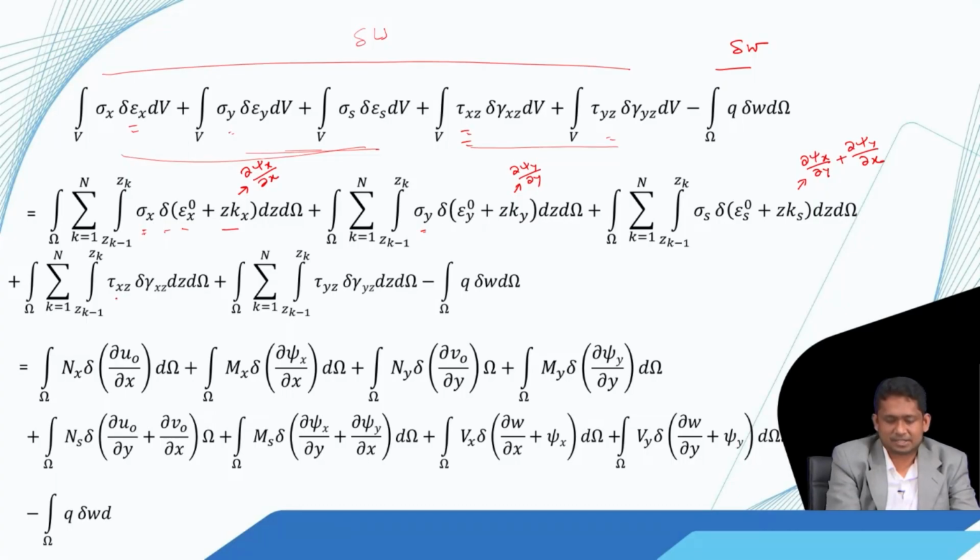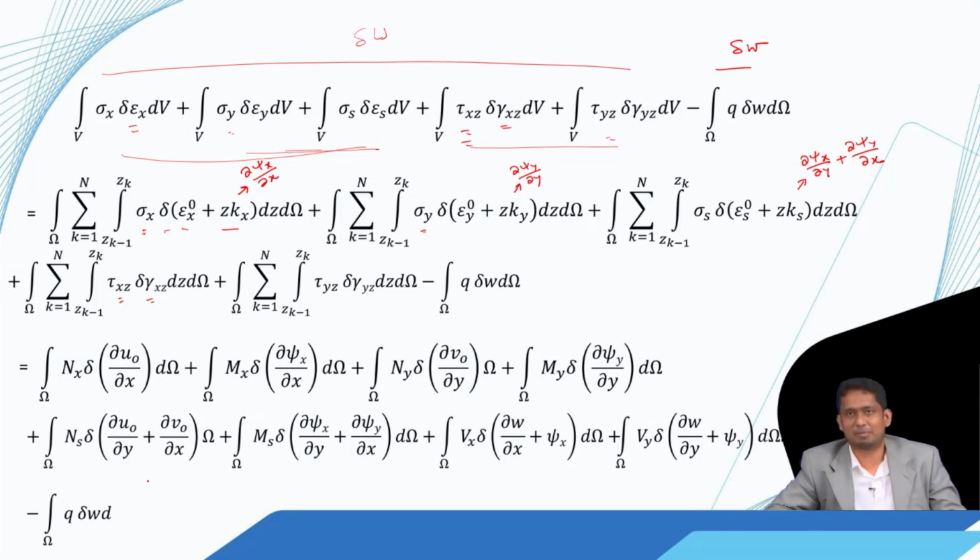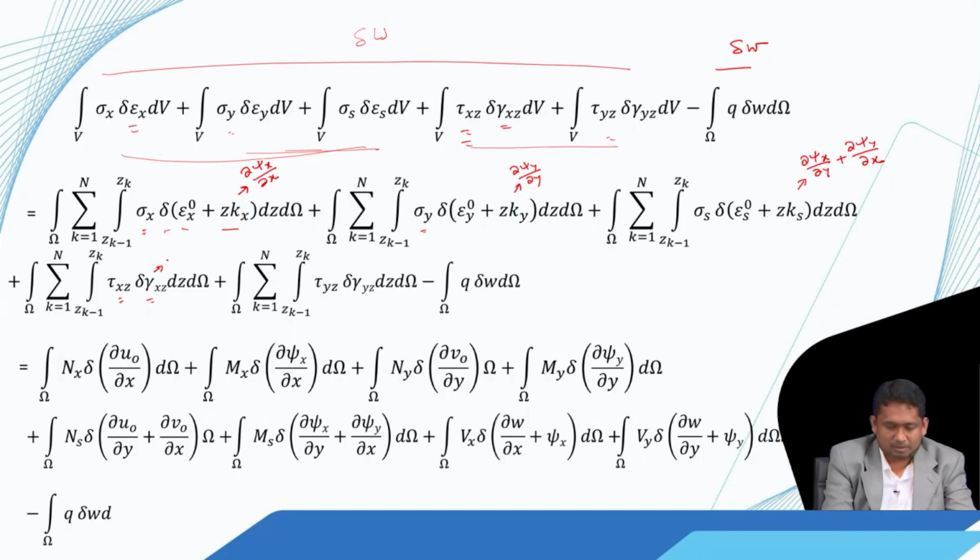Now, we have tau x z multiplied by delta of gamma x z. Gamma x z has no kappa component, so gamma x z is equal to gamma x z 0, and that is del w by del x plus psi x, which we already discussed in the last class.